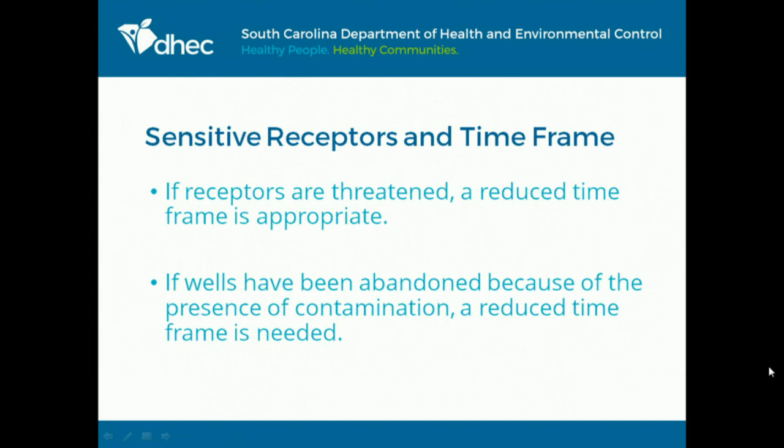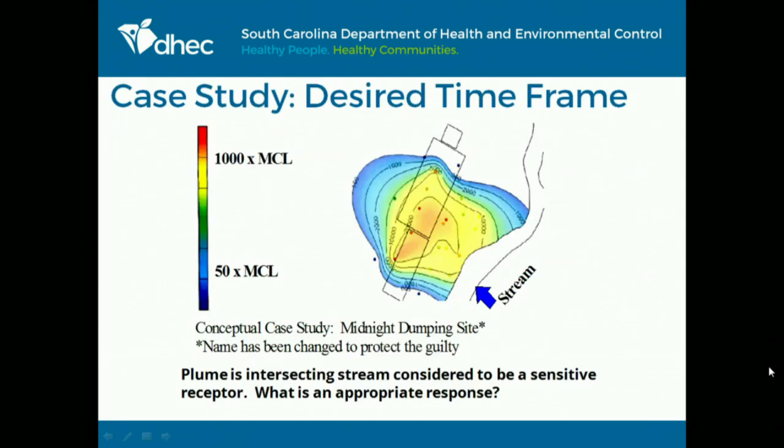So we're back to our case study, and the plume is intersecting the stream, and the stream is considered a sensitive receptor. What is an appropriate response? What sort of time frame should you apply here? Obviously, this one needs a technology that's going to work quickly.